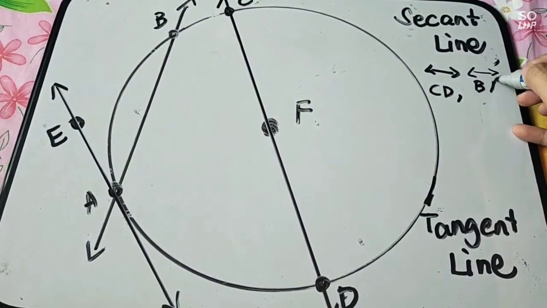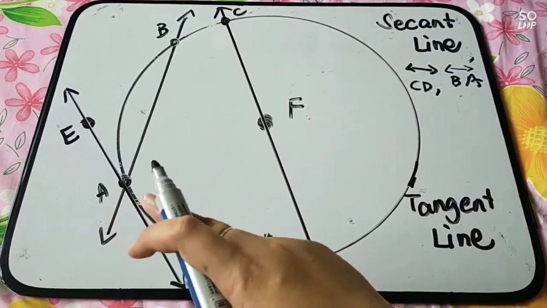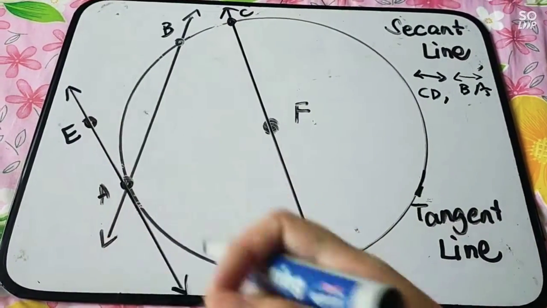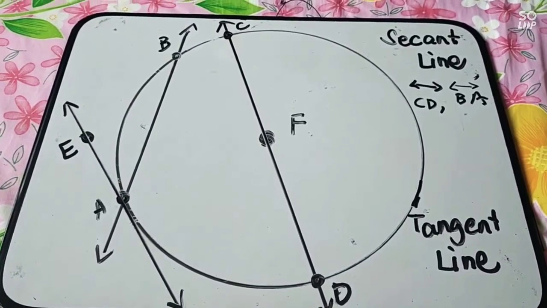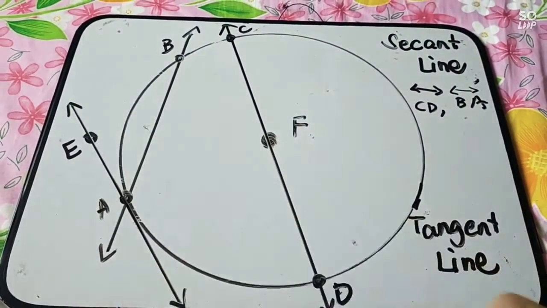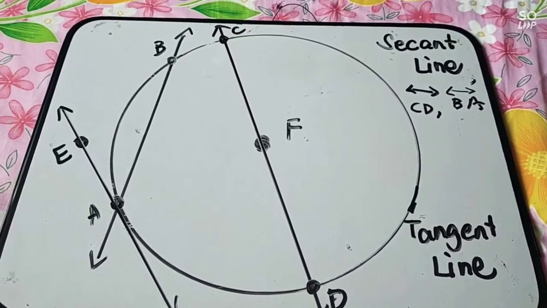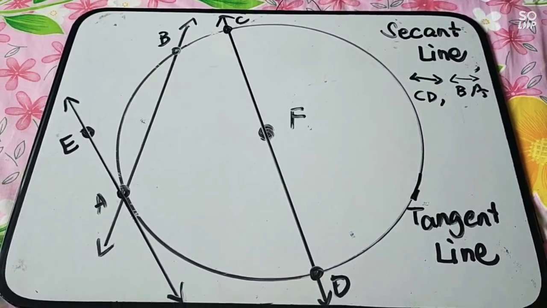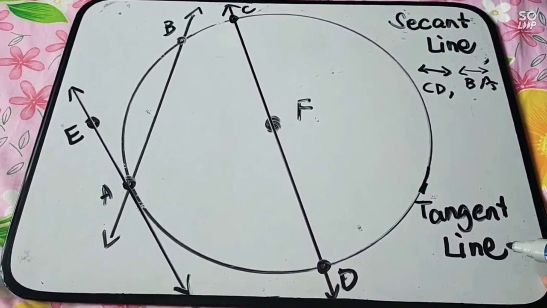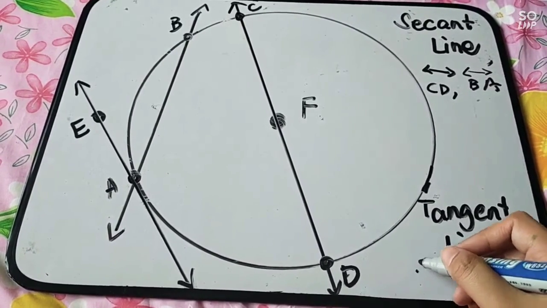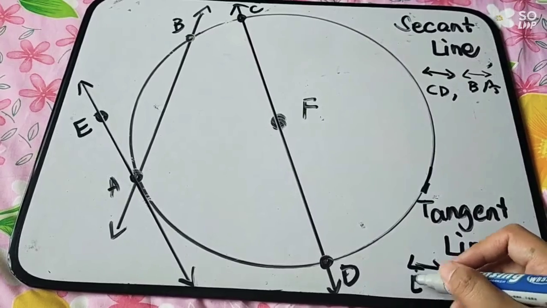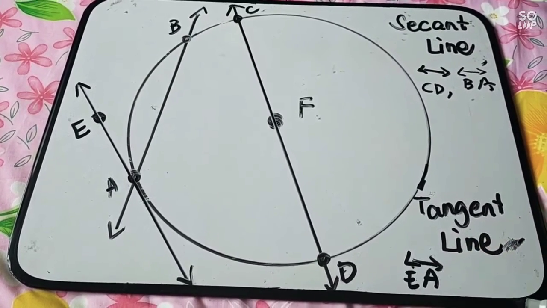Yan. Bakit hindi kasama si EA or AE? Kasi, hindi naman siya dumaan sa dalawang beses. Yung isang point niya ay nasa labas. So, kapag yung isang point niya ay nasa labas, ang tawag sa kanya ngayon is a tangent line. Okay? So, therefore, si line EA is a tangent line.